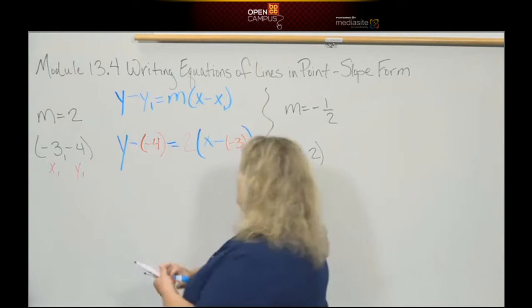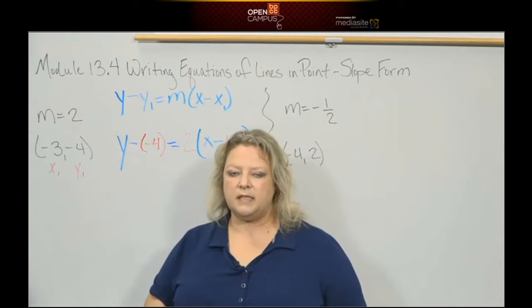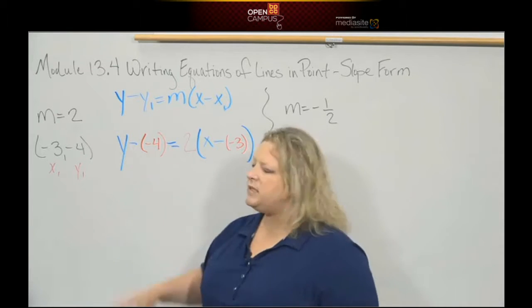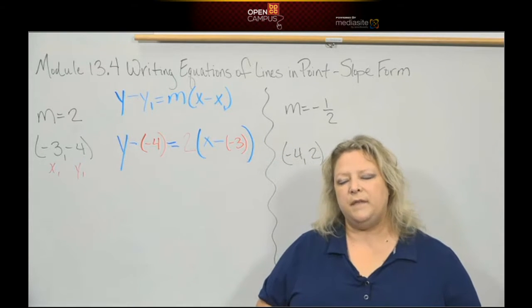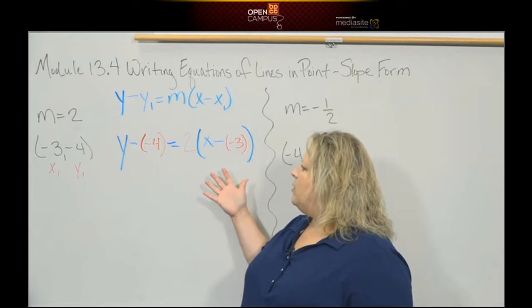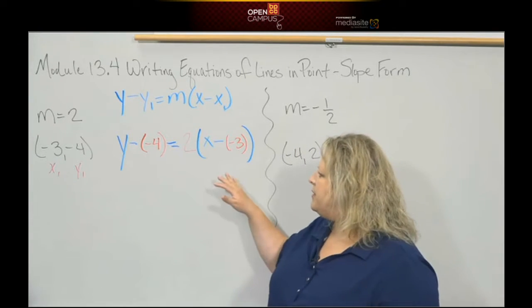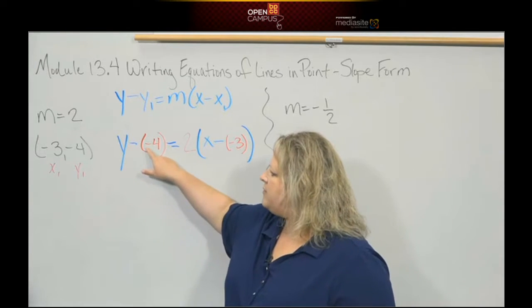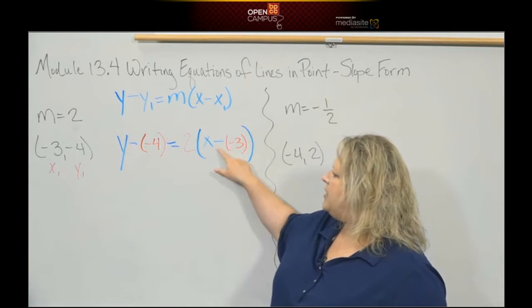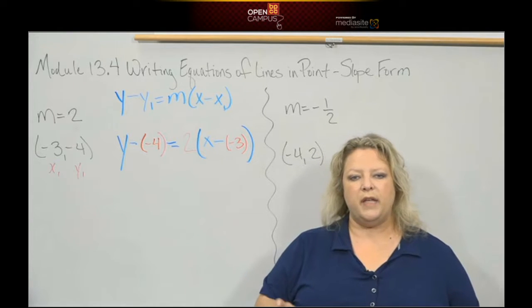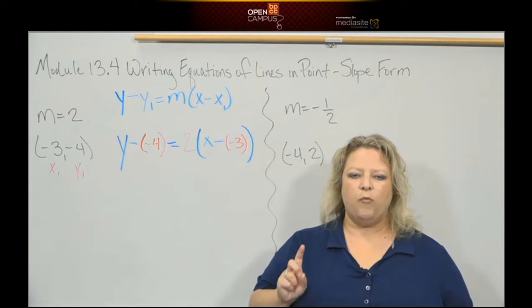Now, the stuff in red is the stuff that I substituted. The stuff in blue is the stuff that was originally in the equation. When you're going to write something in point slope form, there's not a whole lot more that you need to do to this, except for, you see how you have two negatives here and two negatives here? We want to make sure that we simplify that and have one sign.